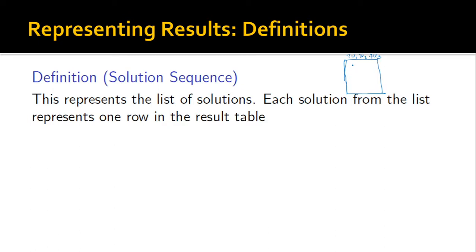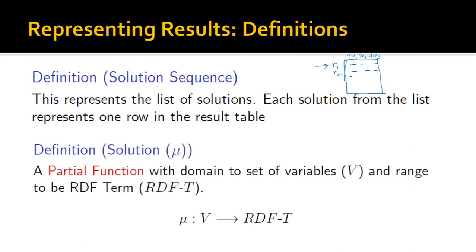For each variable in a row, you have some values. In row 2, you have other values. So this solution sequence represents the sequence of solutions. Individual rows are the individual solutions that you are getting out of evaluating the query against a graph. So each row represents a solution, and the sequence of them is the solutions.